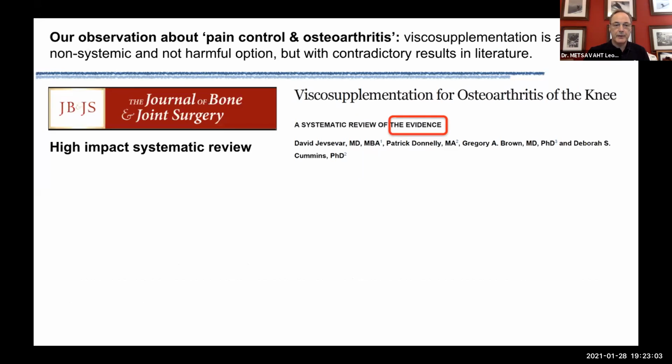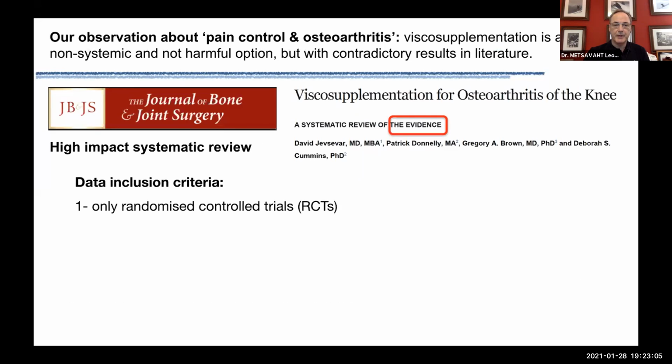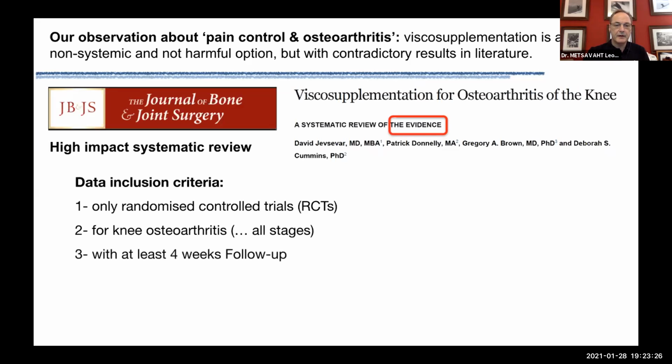And when we went into the paper, we observed that the inclusion criteria were only randomized controlled trials. That's very good. For knee osteoarthritis, all stages. And all the stages of knee arthritis is a vast dominion, with at least 4 weeks follow-up, okay? At least 30 subjects per group.